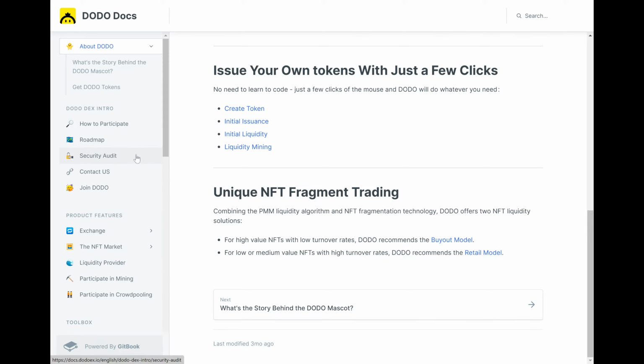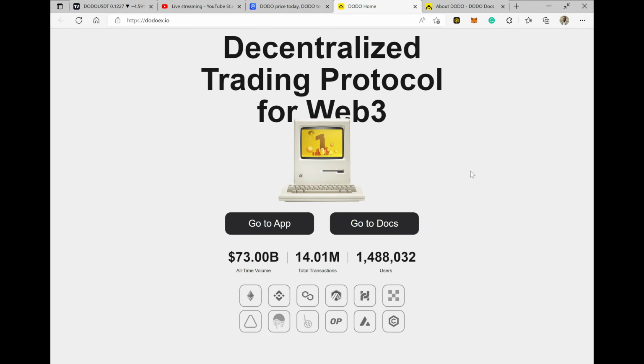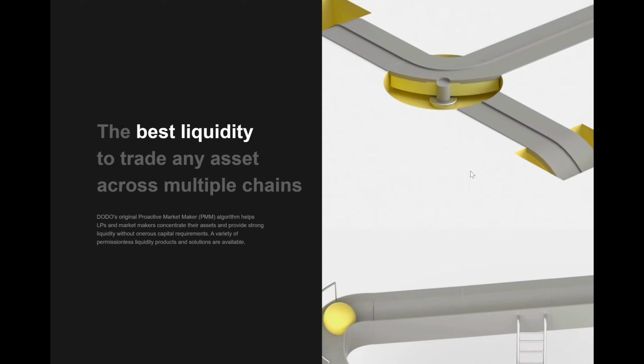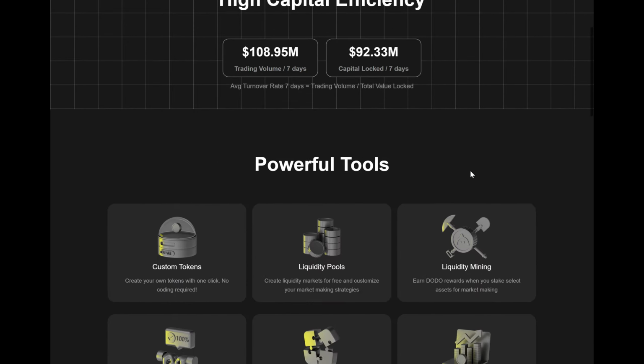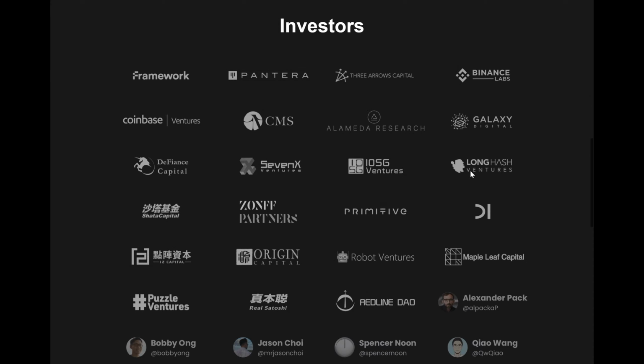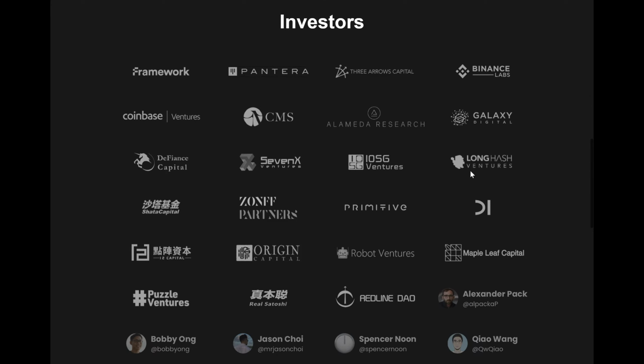I don't want to be the first to the party, because there are people at these hedge funds who are paid a lot of money to invest in and research projects and make sure that they're legitimate. So I look at the investor shortlist, and I saw Binance, and I saw Coinbase, and I saw CMS, and I'm like, that's good enough for me.